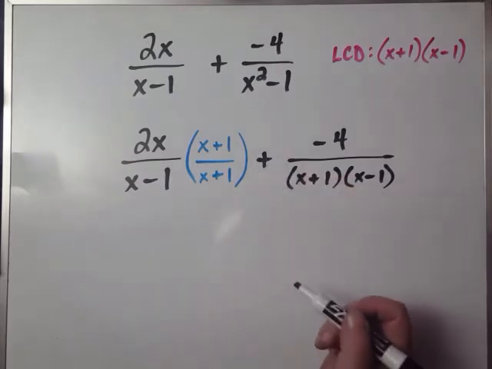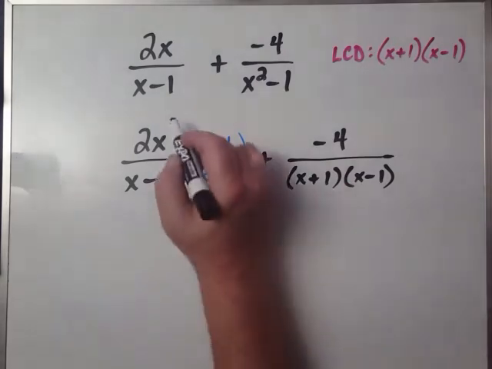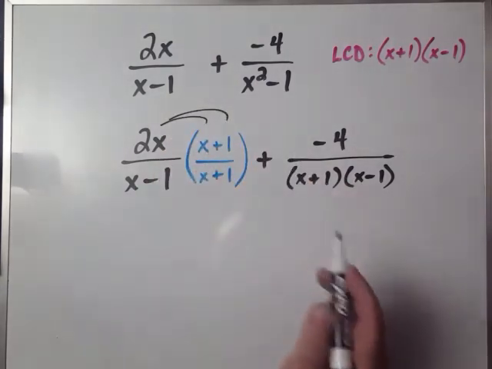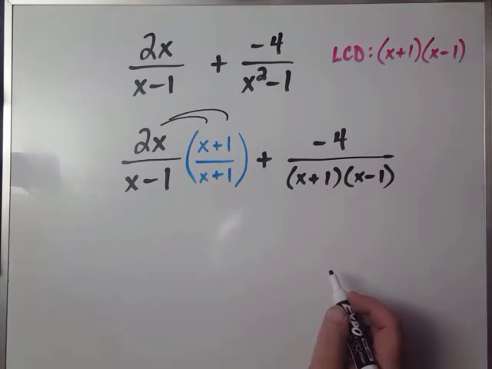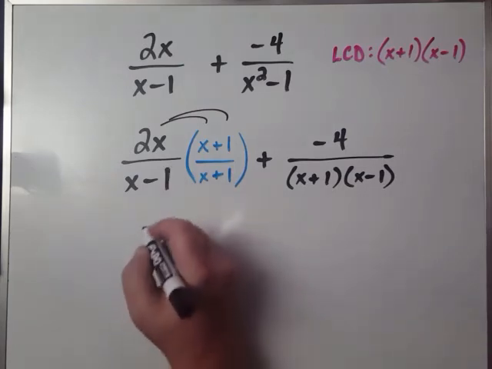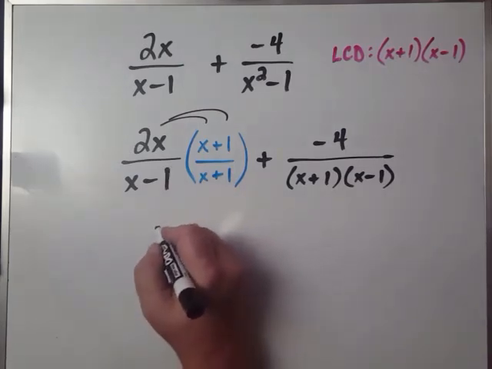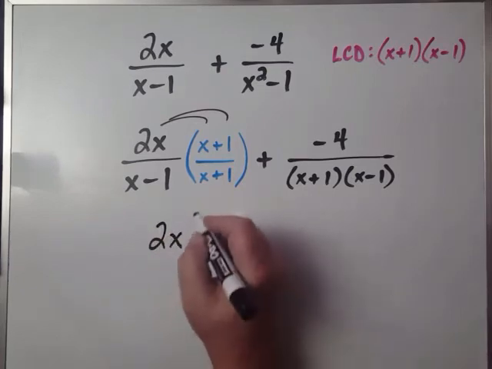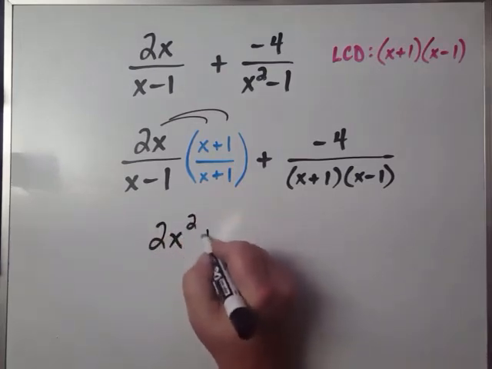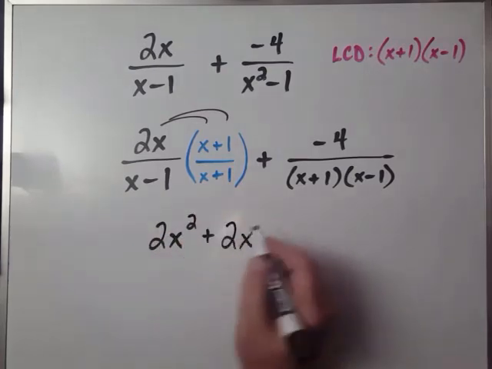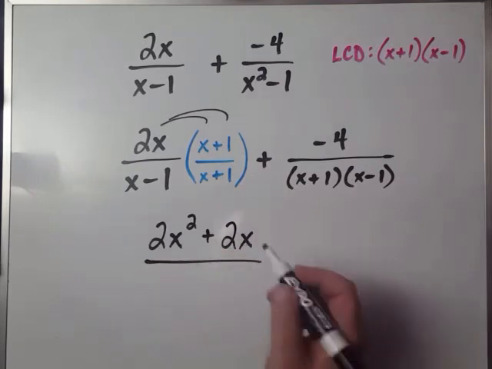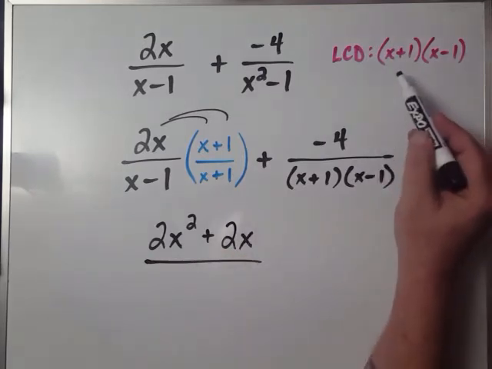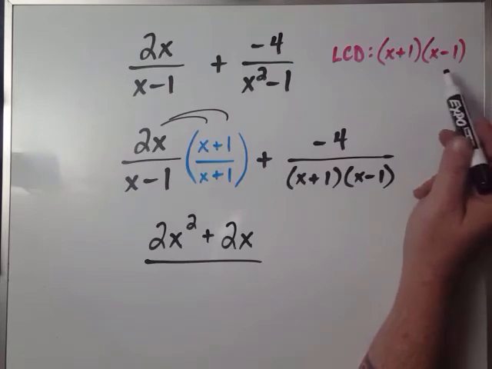We need to get ready to add these numerators. We do that by simplifying the numerators so that in a moment we can combine like terms. Distribute that 2x. That's going to give me 2x squared plus 2x over. Now, as these denominators get bigger and bigger, I tend to get lazy.